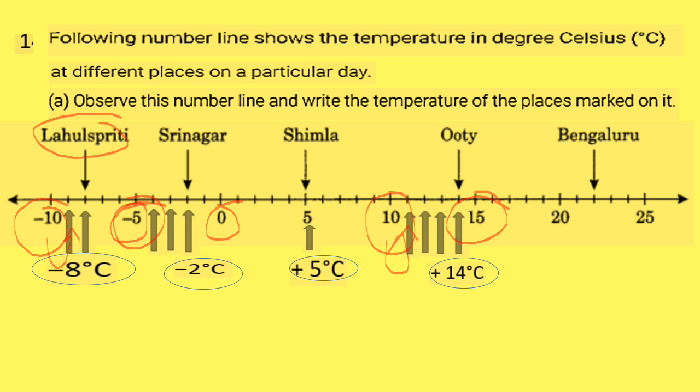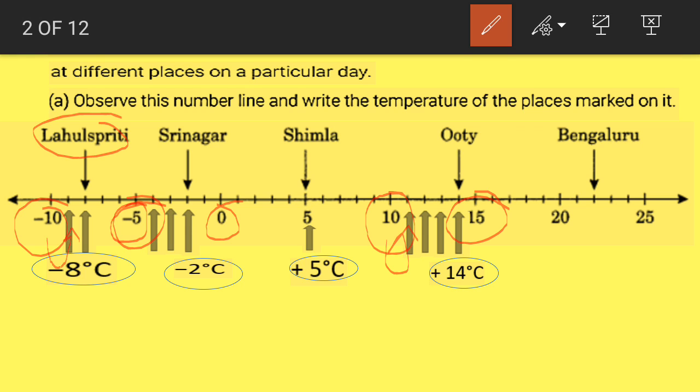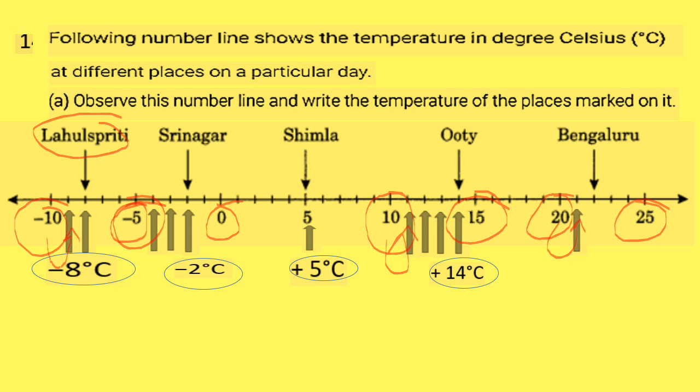So similarly, we can find for the place Bangalore. So here Bangalore is between 20 degrees Celsius and 25 degrees Celsius. So to find the temperature, I will move from 20 to 25 like this. 21, 22, and here is Bangalore.